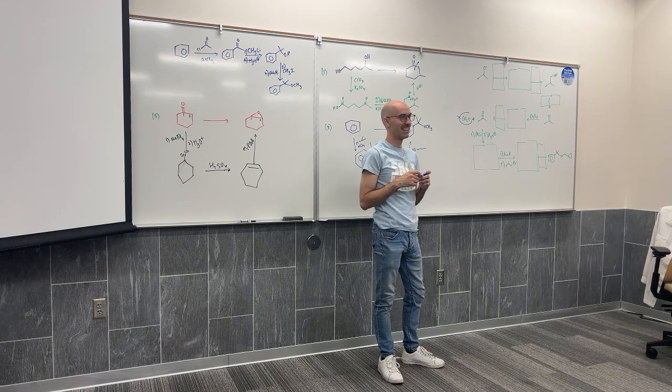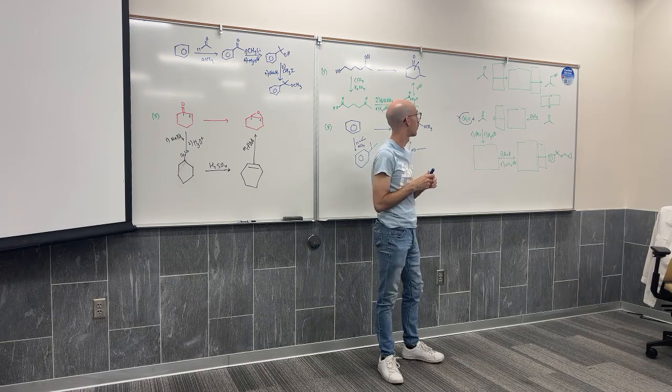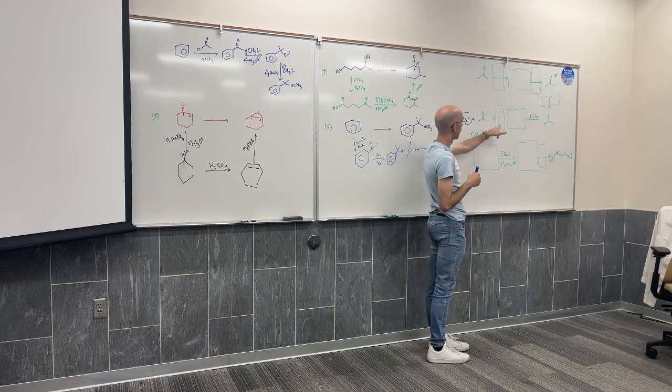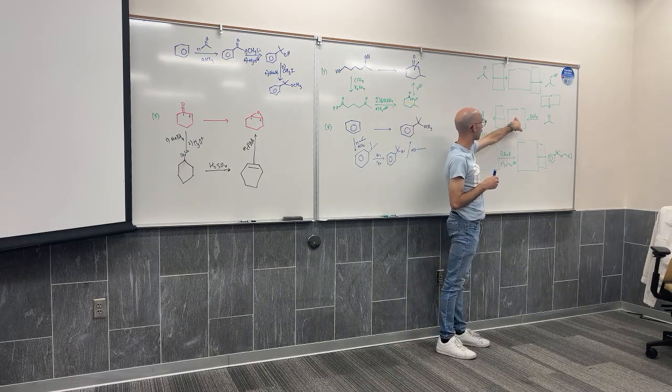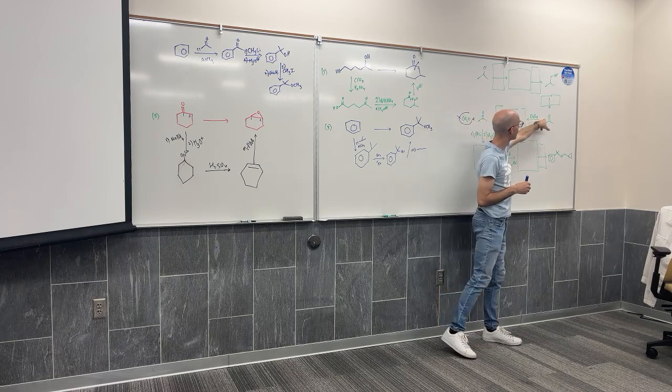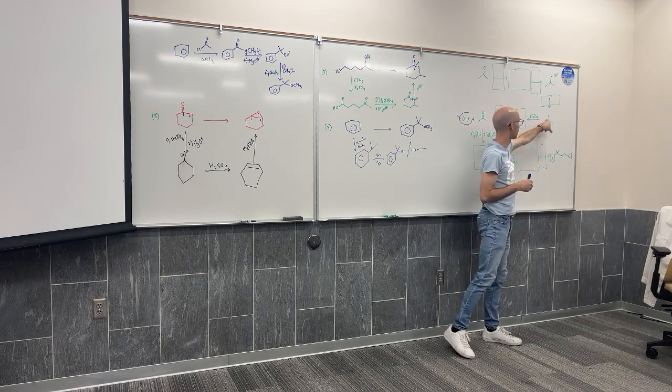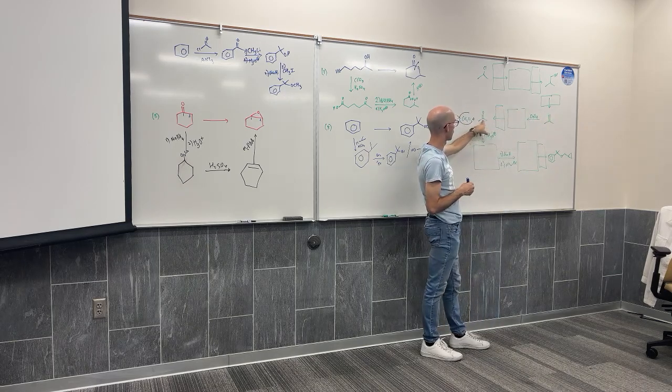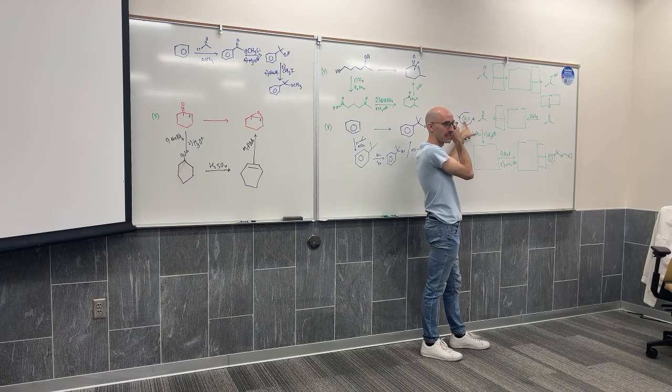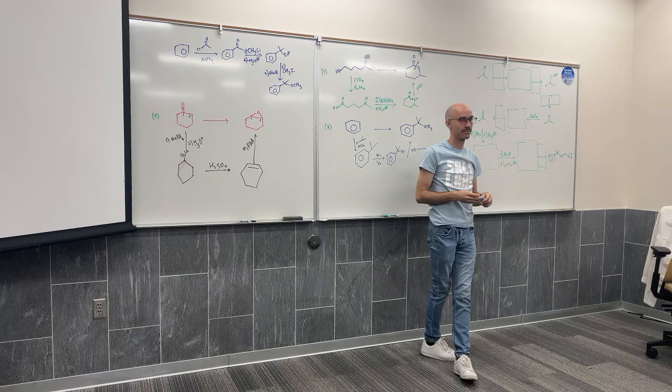Why does that form CH2O? Well, what it does is it takes a vicinal diol and it cleaves the 2 carbons of the vicinal diol, which is going to give you this and this. And then it turns them into aldehydes or ketones.